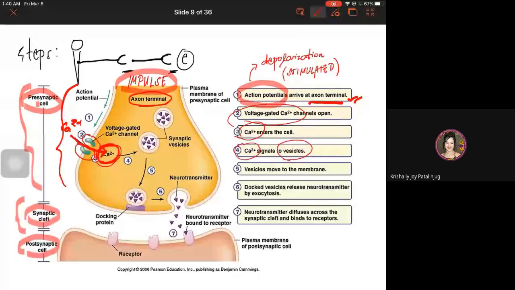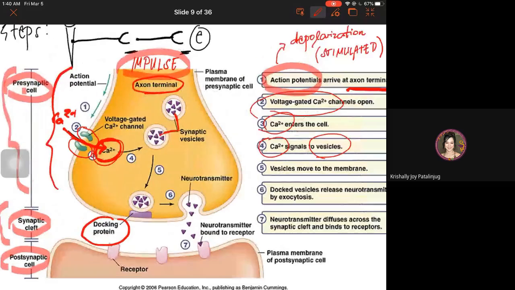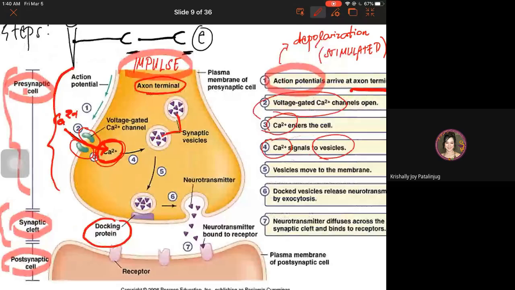It will cause movement ng mga neurotransmitters mula sa loob papalabas ng vesicles. Due to the entry of calcium ion, the vesicles will bind to what we call docking proteins. Itong naka-arrow dyan, yung kulay violet, yan yung docking proteins.